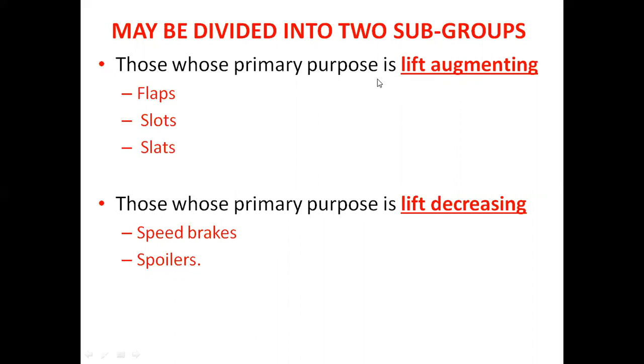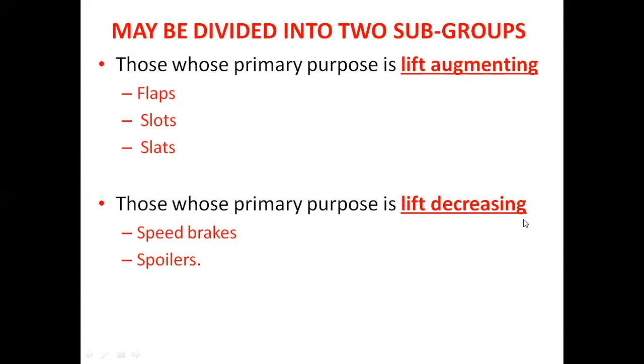They provide good lift, that's why they are said to be lift augmentation devices, or high lifting devices. They are flaps, slots, and slats.